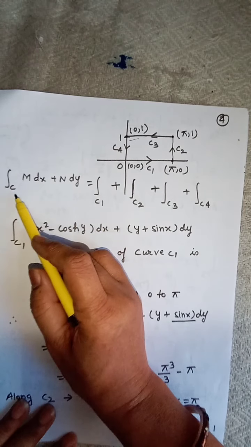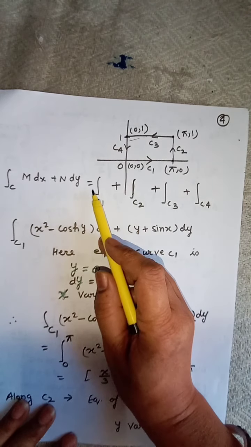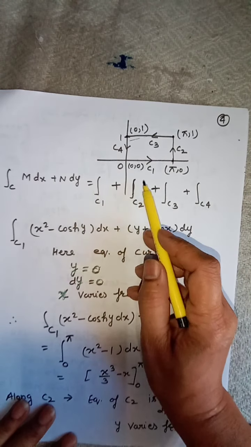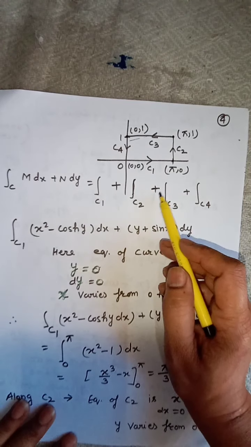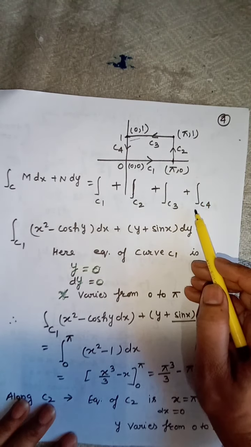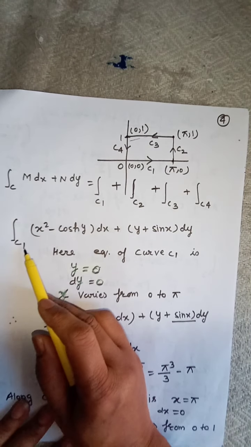Now the integral over C of M dx plus N dy is equal to the integral along C1 of M dx plus N dy, plus the integral along C2, plus the integral along the curve C3, plus the integral along the curve C4. Now first we are taking the curve C1.